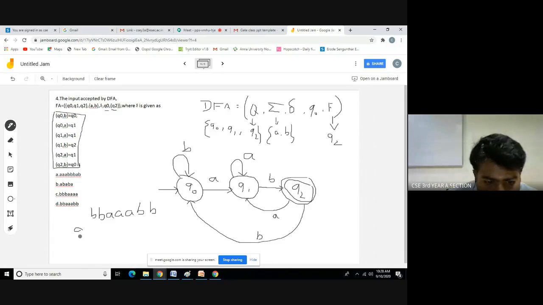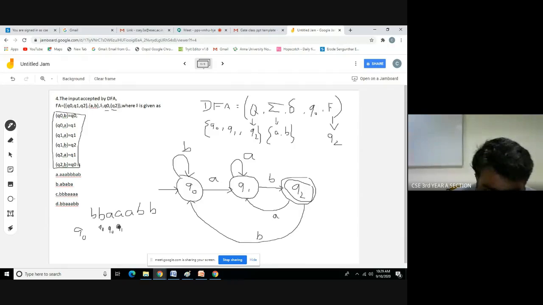From Q0, I read the input symbol B and it goes to Q0. Again, from Q0, I read B and it goes to Q0. From Q0, I read A and it reaches Q1.